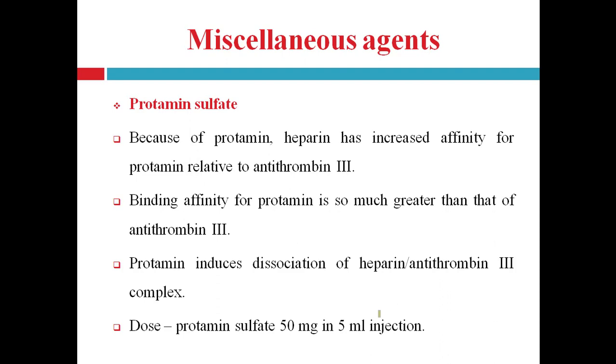In normal anticoagulant activity, heparin attaches with antithrombin 3 and produces the anticoagulant activity. But in the presence of protamine, heparin binds more with protamine as compared to antithrombin 3 and inhibits the anticoagulant activity.